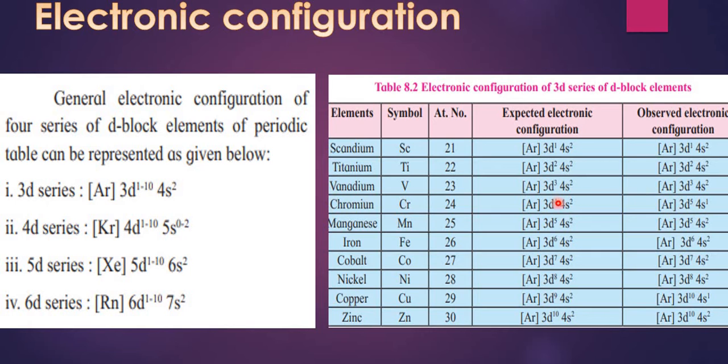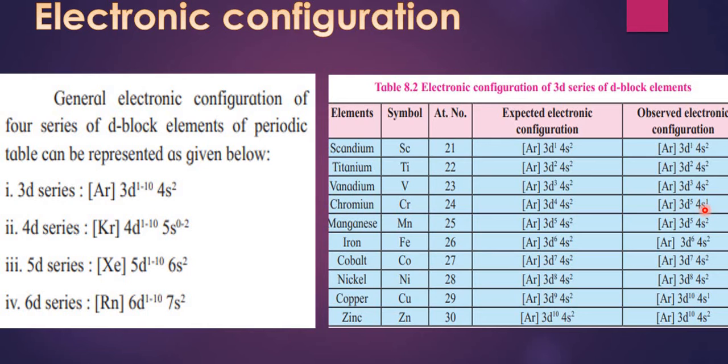But in the case of chromium, having atomic number 24, the expected electronic configuration would be 3d4 and 4s2. But because there is a slight energy difference between the energy of 3d and 4s, one electron from 4s will come to 3d and make it half filled, which is 3d5 and 4s1.